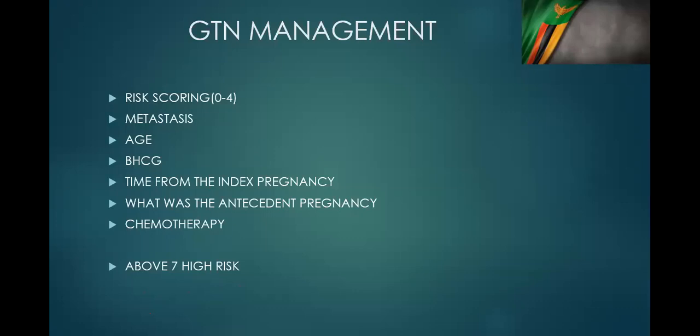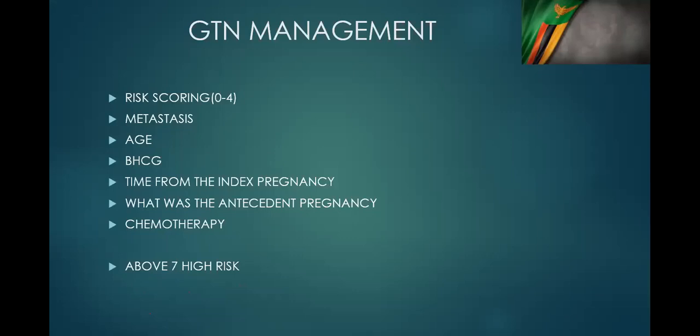Then if you had chemotherapy before, because some patients get a condition like a complete mole, and some people in other countries give prophylactic chemotherapy to people who have a complete mole, because you know there's a 20% chance of it becoming a gestational trophoblastic neoplasia. So some people give some methotrexate prophylactically. So if a patient had received chemotherapy before they come now to the hospital, that is high risk. That is also scored as a 4.